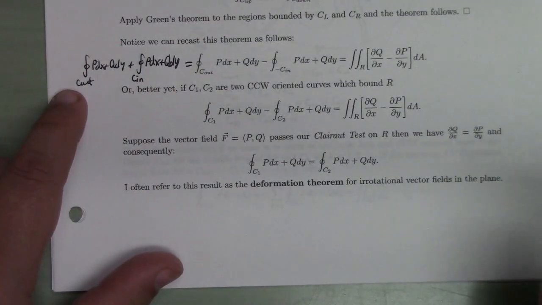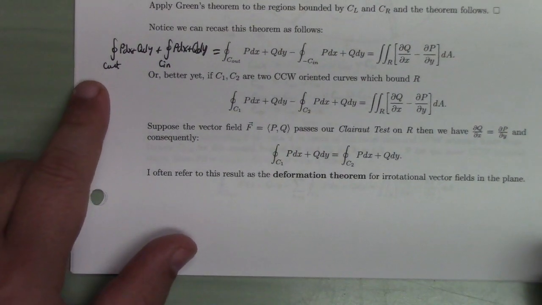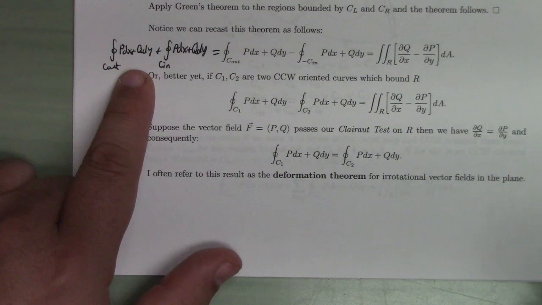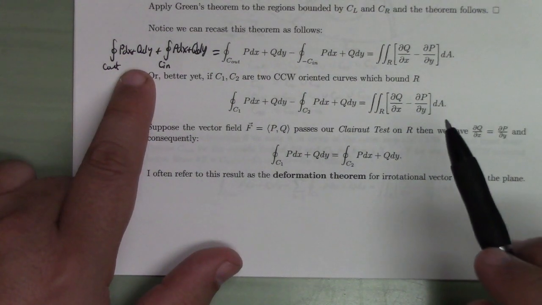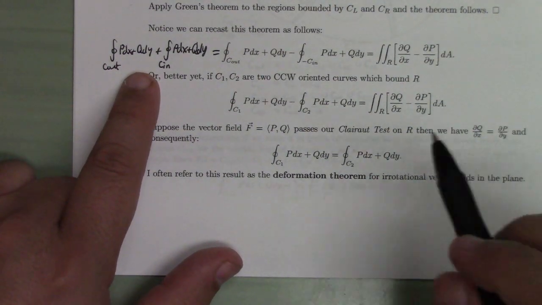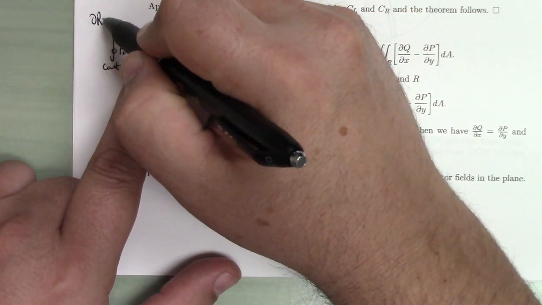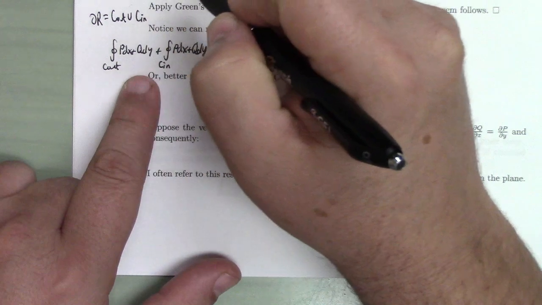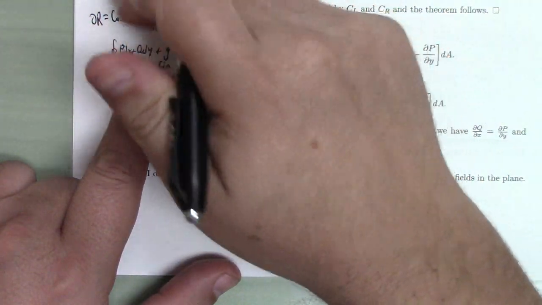What I wrote in messy handwriting there is literally the integral of p dx plus q dy over the boundary of R. Remember, the boundary of R is C out union C in, where again the inner loop is clockwise oriented, whereas the outer loop is counterclockwise oriented.